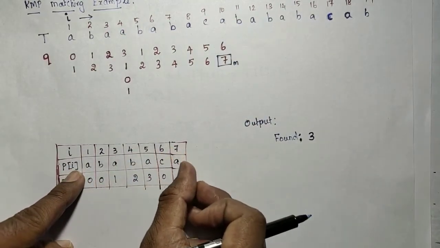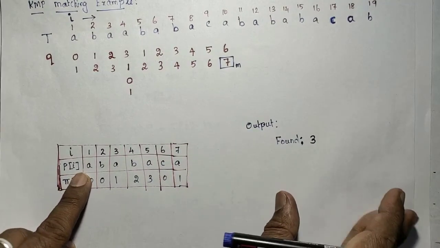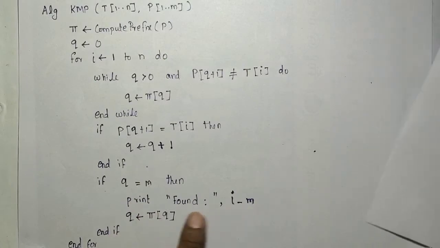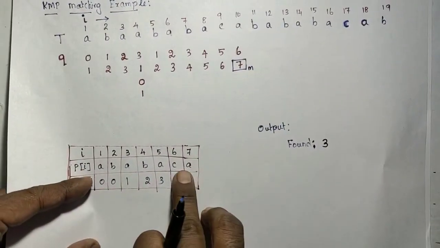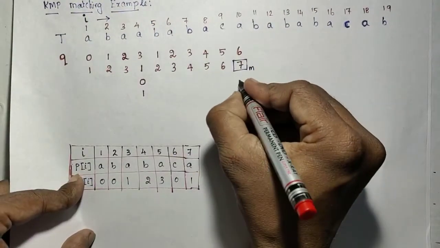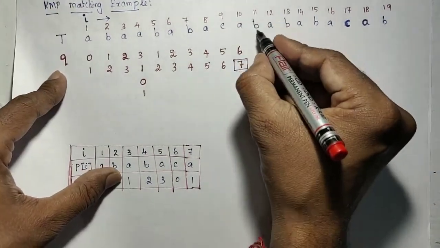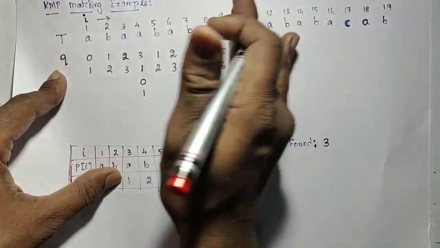Okay, how many last characters match the pattern? So 1 character only. So after printing, we need to restore the q to pi of q. So pi of 7 is now 1. So the q is changed to 1 now.